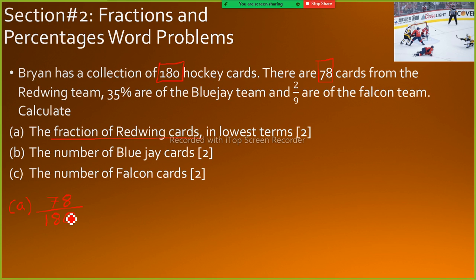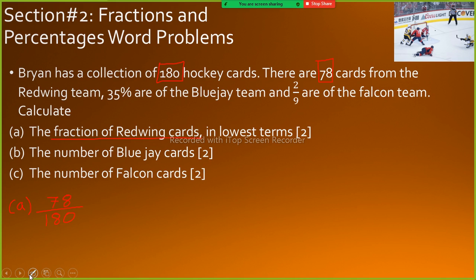You still get 2. How about 6? Maybe 6. Yeah. So let's use 6.